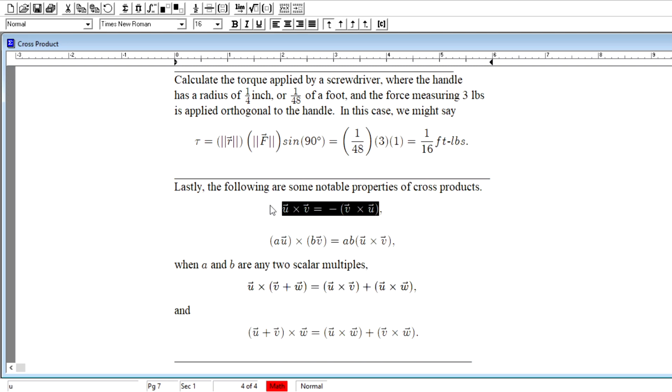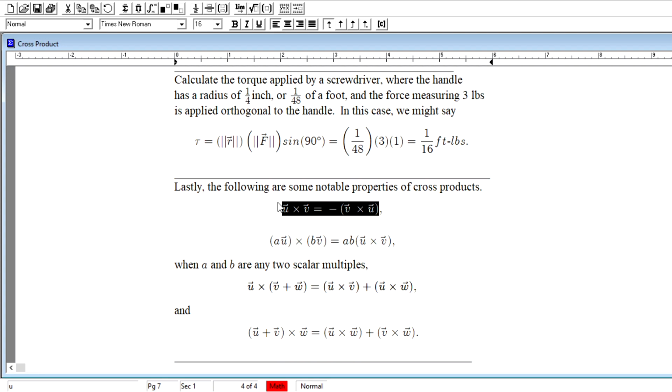One of the biggest ones is, watch the order of your cross products. Changing the order does change their value, folks. Take note. All right. These other properties might be useful in your theory down the road, but again, they're just properties. They're the things we want to take note of in terms of how cross products behave.